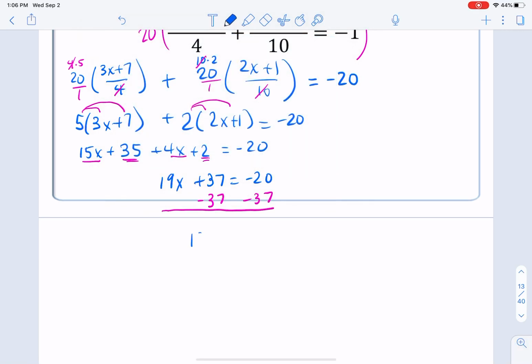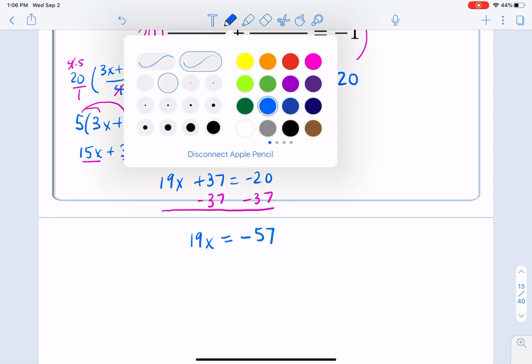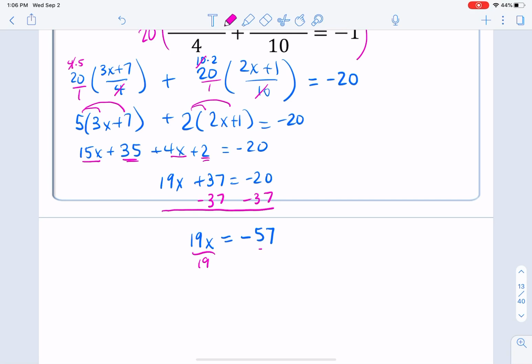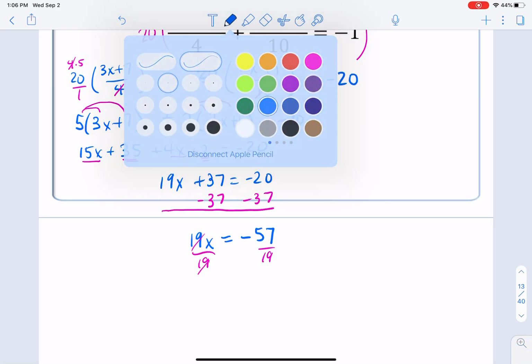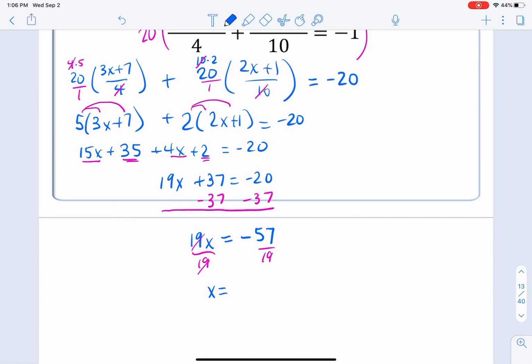You can just write down, hey, I'm left with 19x is equal to negative 57. And now the last step is just to divide by 19. Cancel, cancel, and I'm left with x is equal to whatever negative 57 divided by 19 is.